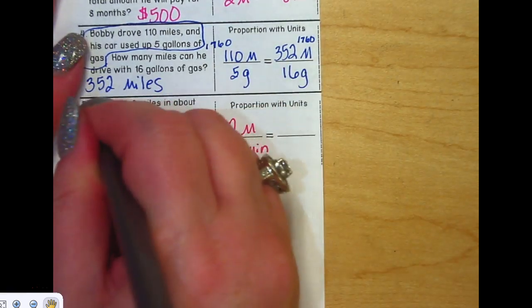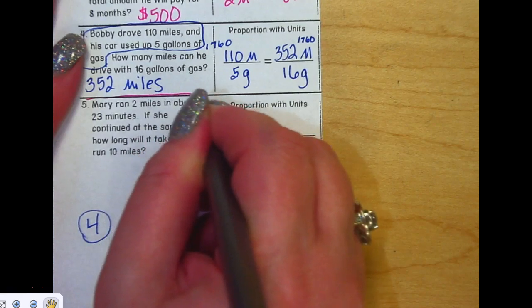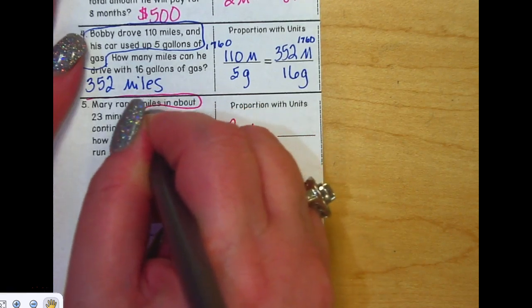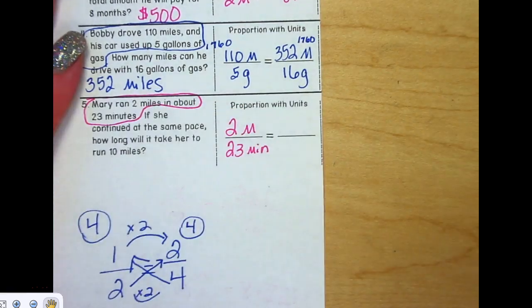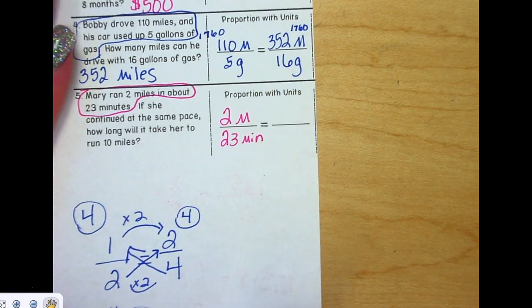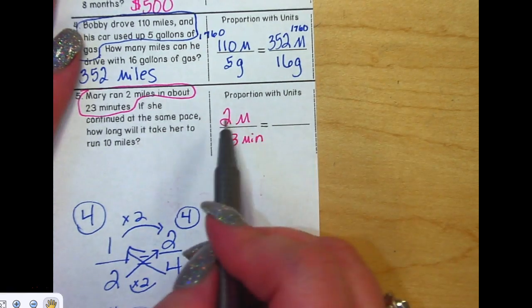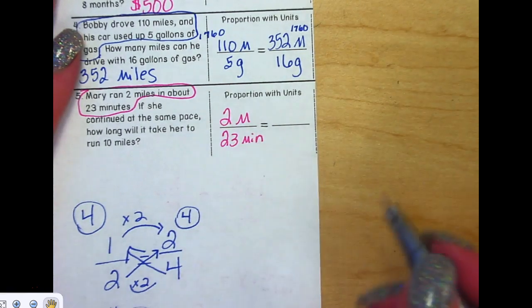Now, what do you notice about the units on my first proportion? What if I had just used M for miles and M for minutes? You would be confused. So you need to make sure that you are doing something to differentiate the two. Normally miles is an M, minutes is M-I-N.